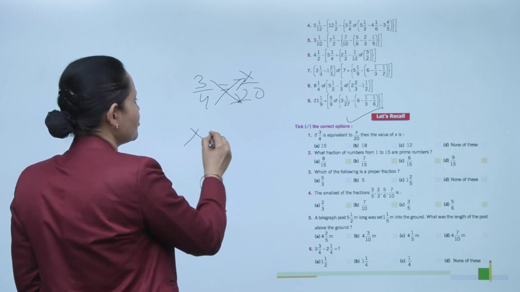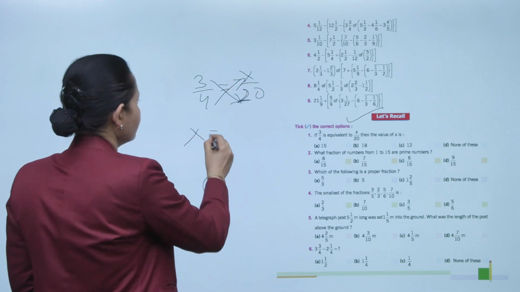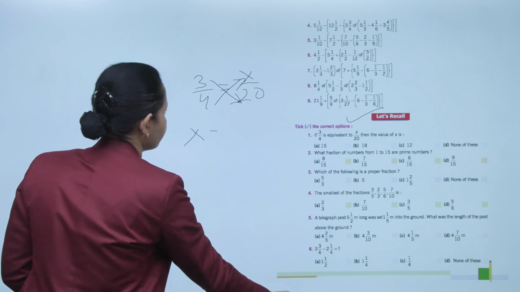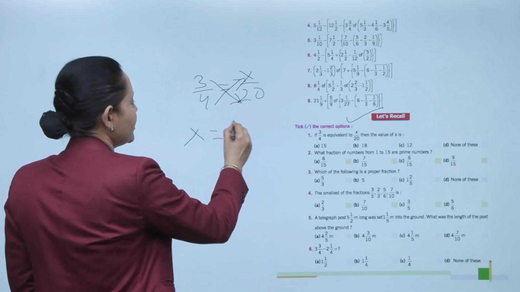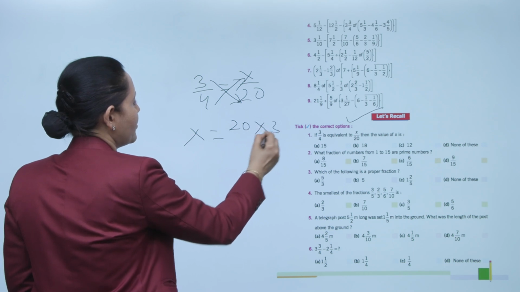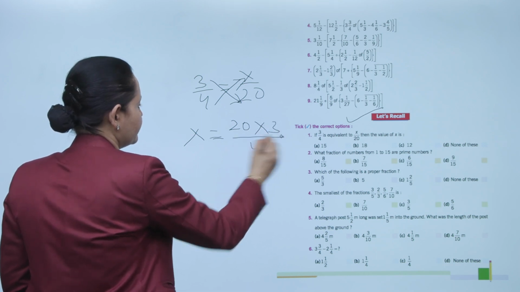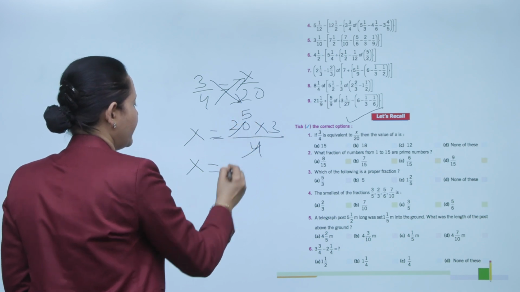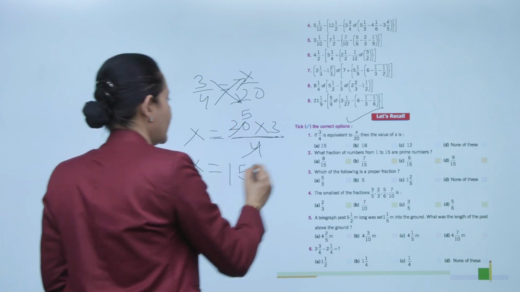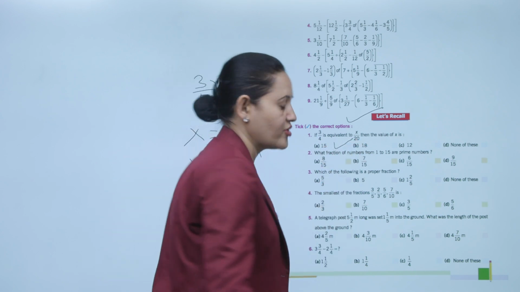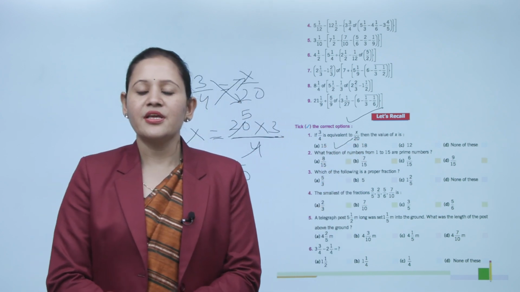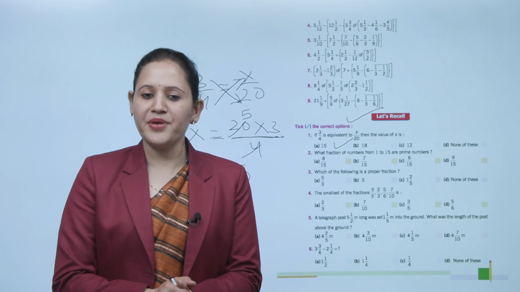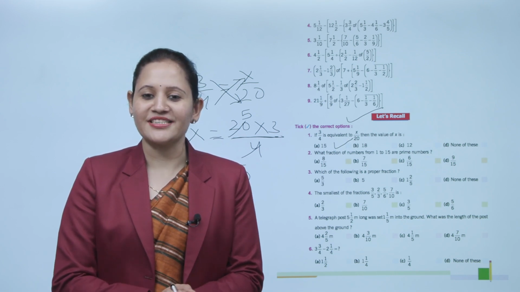So x equals 20 into 3 upon 4. So x equals 15. That means A is our correct option here. Clear? So here we end the chapter. I hope you understand it well. Now you have to practice it.